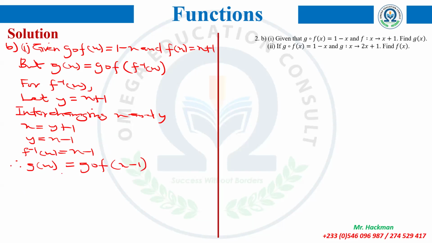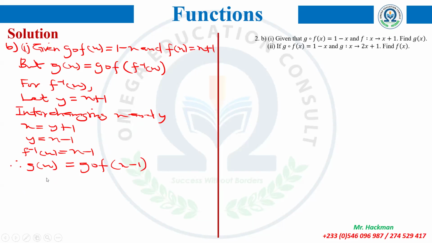Remember I told you, anytime you are finding the inverse of a function and the coefficient of x is 1, you always change the sign between the terms. And that's exactly what we have here.